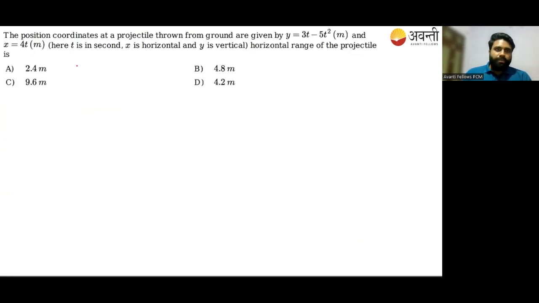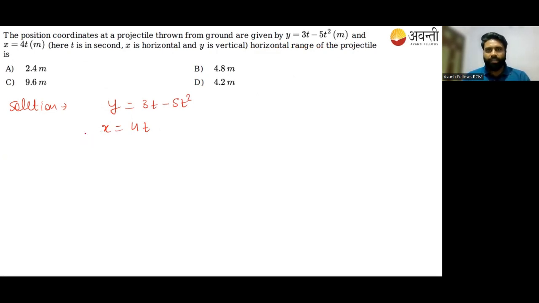Now, the position coordinates of a projectile thrown from the ground are given by y, the vertical component of displacement, as 3t minus 5t square, and x as 4t. We have to find out the horizontal range of the projectile. The horizontal range is given by only this x.